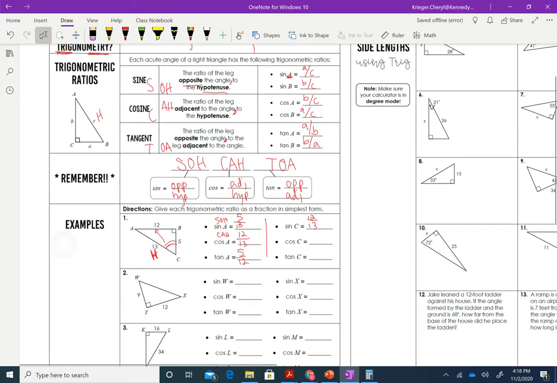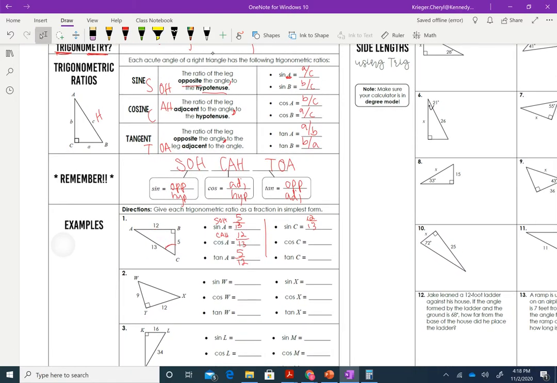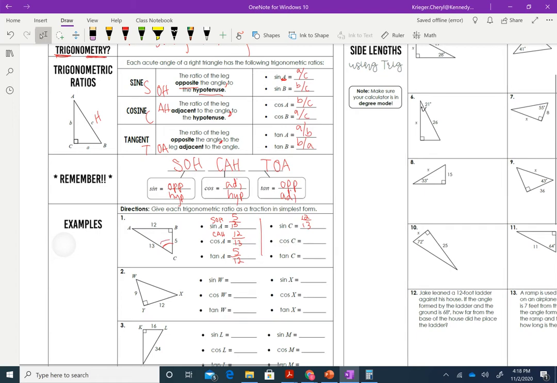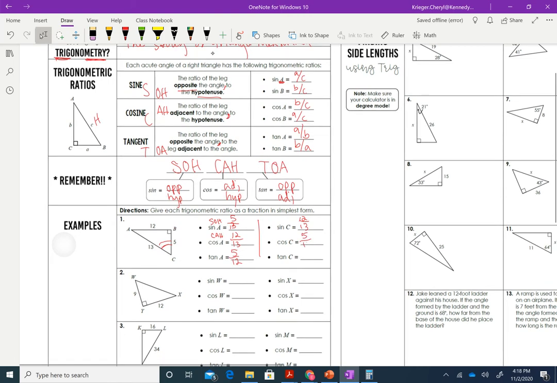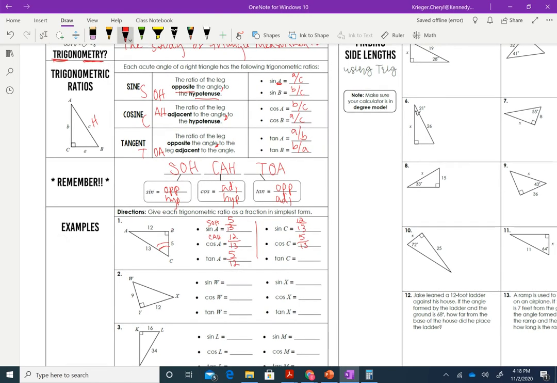Cosine is adjacent over hypotenuse. Adjacent to C is 5, over the hypotenuse, 13. And tangent, opposite over adjacent, is 12 over 5. You want to leave them improper but reduced.